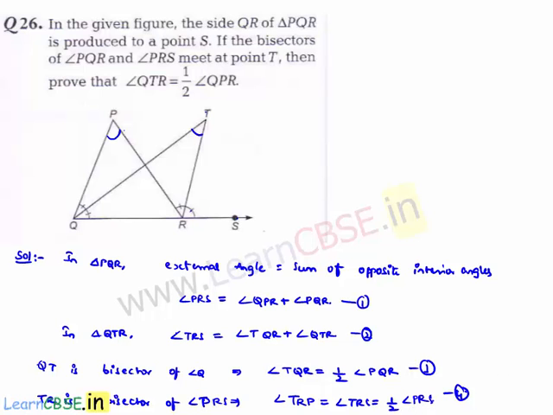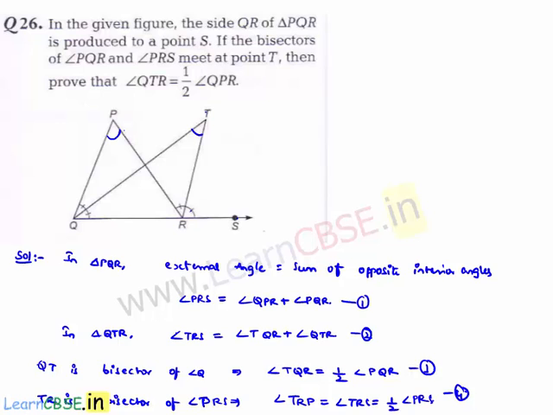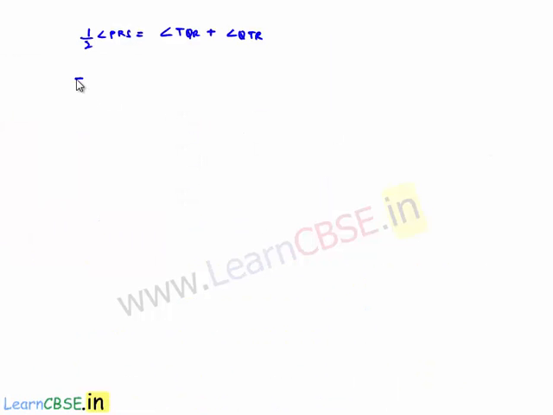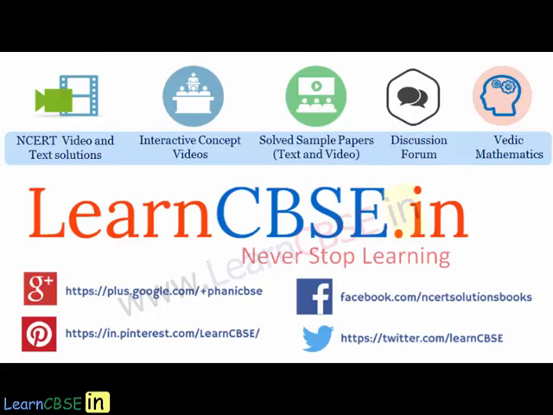Therefore we can write the second equation as half times angle PRS is equal to angle TQR plus angle QTR. That implies angle PRS.